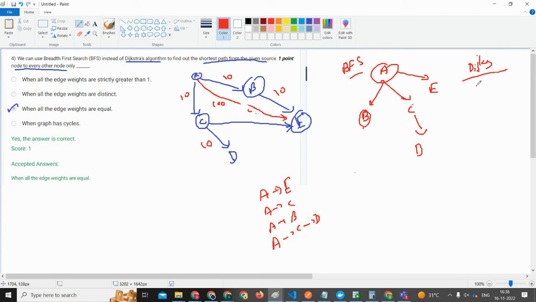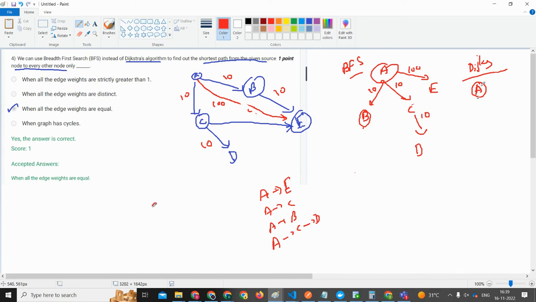So if you do Dijkstra's algorithm, what will happen? You're starting from A. Then we go to the adjacent with the lowest weight; if equal, we can go to any. Let me also put the weights here: A to B is 10, A to C is 10, A to E is 100, and C to D is 10.